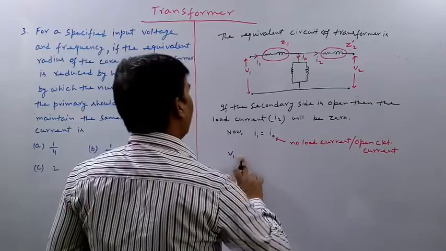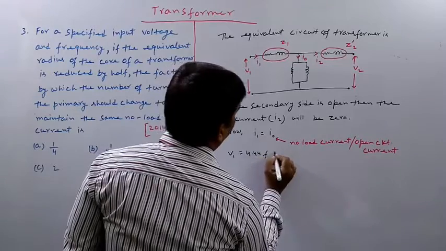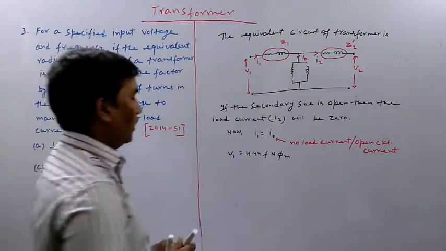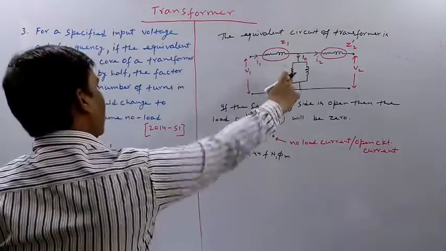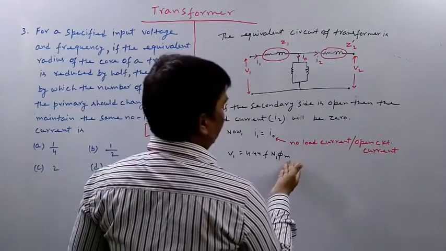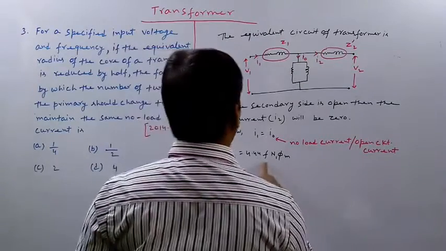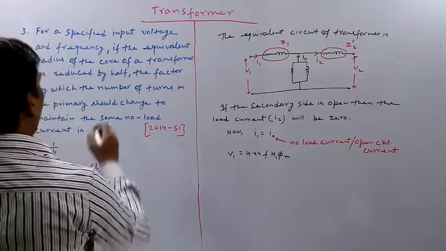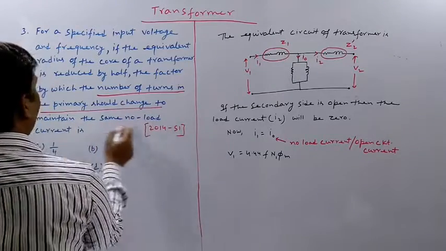So V1 will be nothing but 4.44 F n phi. Here n is n1, because we are calculating in primary side, phi is flux flowing through the core of transformer, and F is the frequency. The question is asking about the number of turns in primary that should change to maintain the same no load current.